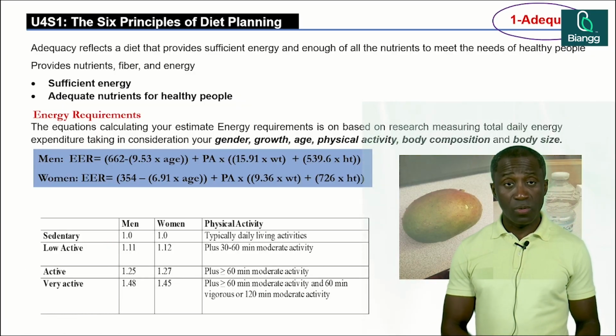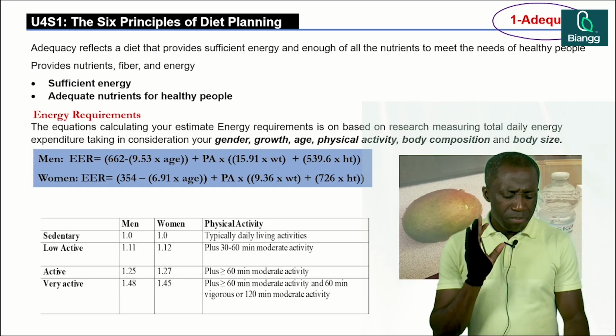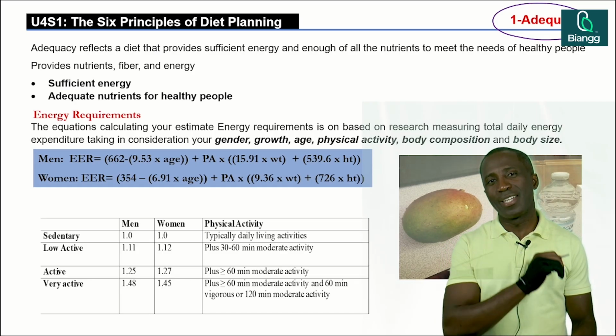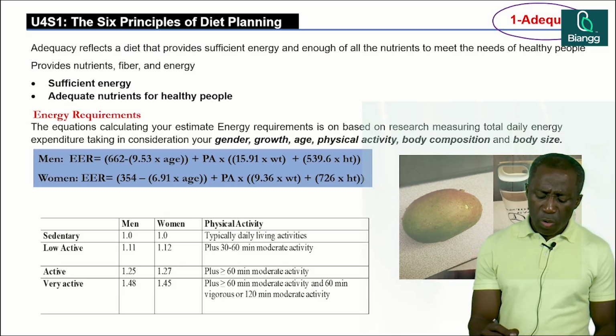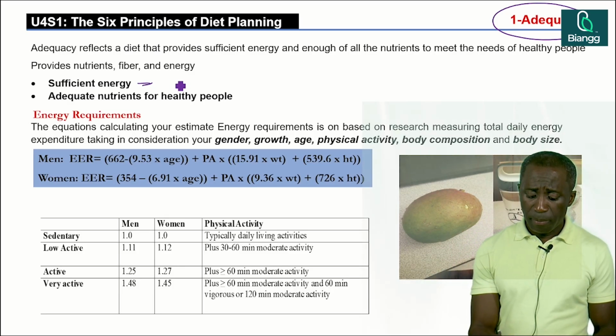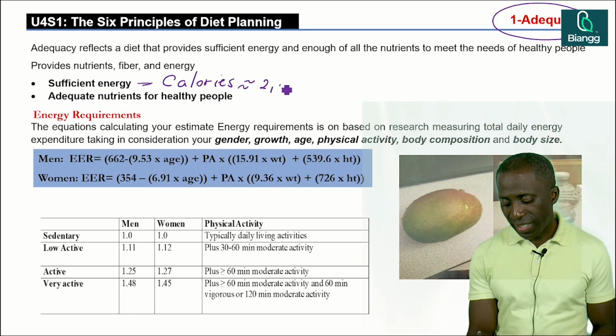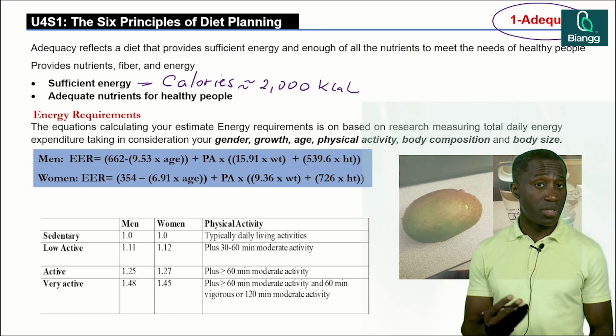What is adequacy? Adequacy basically means that you want to make sure that you have enough energy. Remember when we talk about energy, all right? By energy, we are talking about calories. And what did we say? We say that an average person eats around 2,000 kilocalories, right?